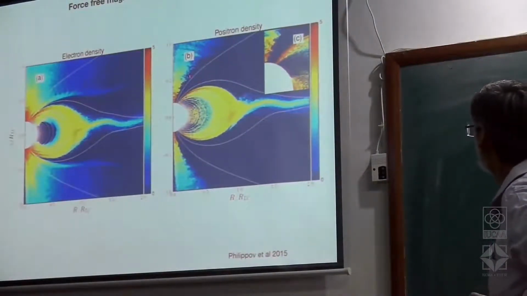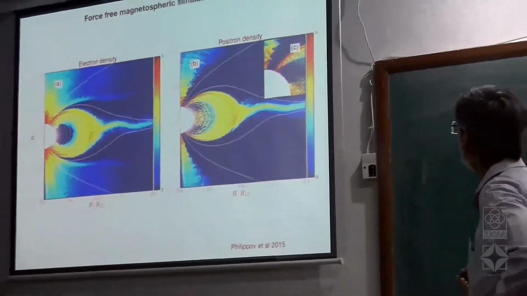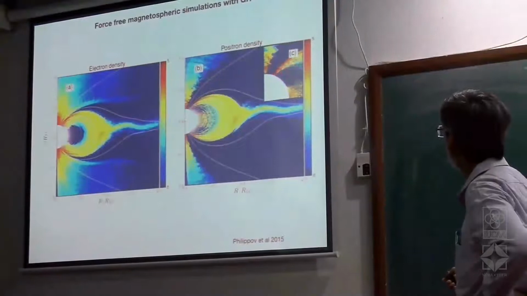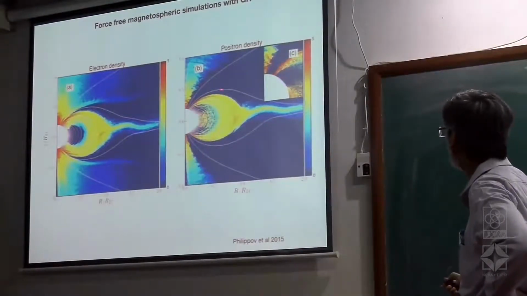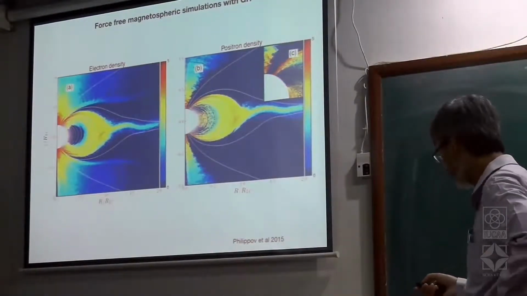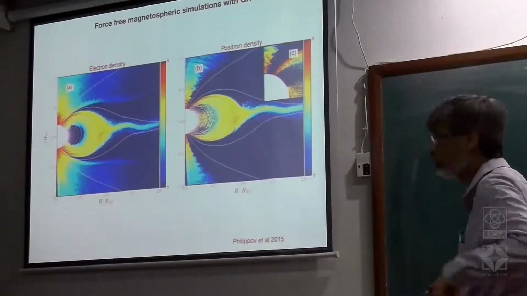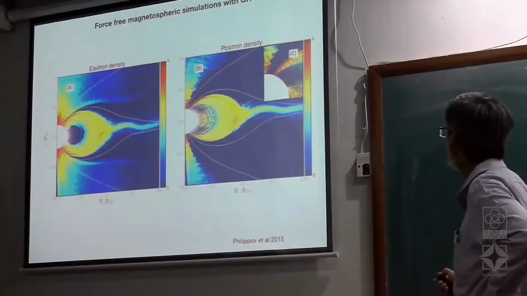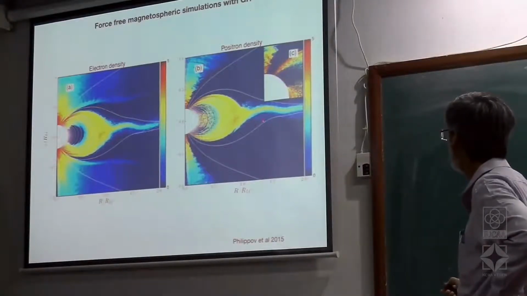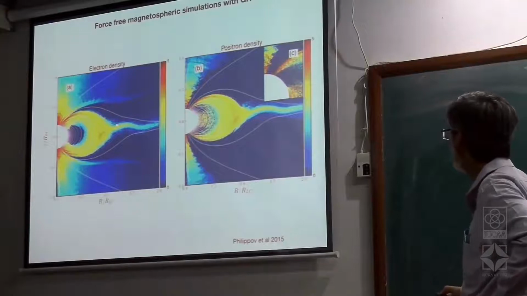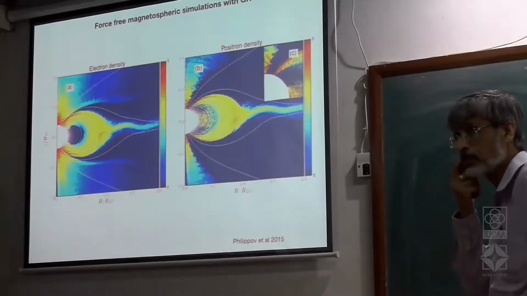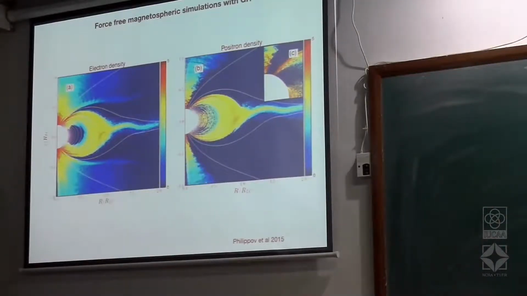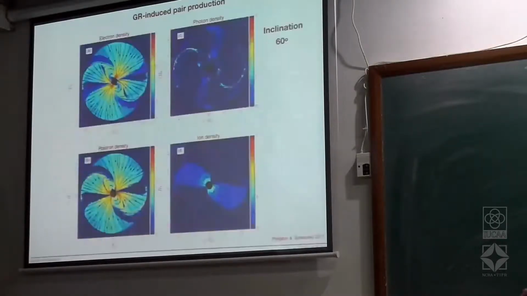If you expand this region, you have regions where you have large charge density, because here GR is also included. So even the polar cap is not fully compensated. You have some from here, and this is the base of this last open field line, which then continues outside the magnetic field. The charges in the return current are accelerated and they radiate.